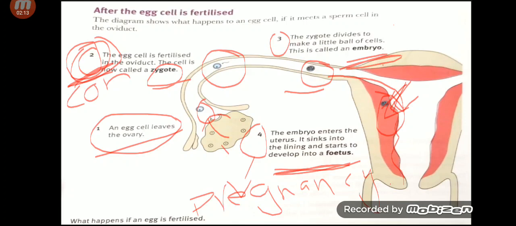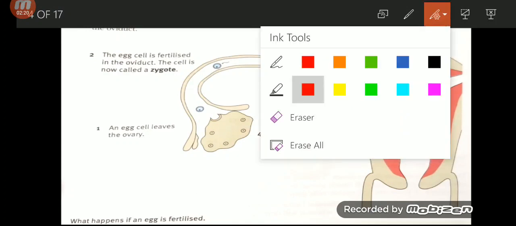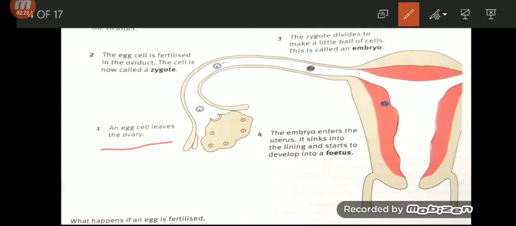Let me erase all. At number one, you can see that an egg cell leaves the ovary. This is an egg cell and it is leaving the ovary. When it leaves the ovary, this is the oviduct, right?